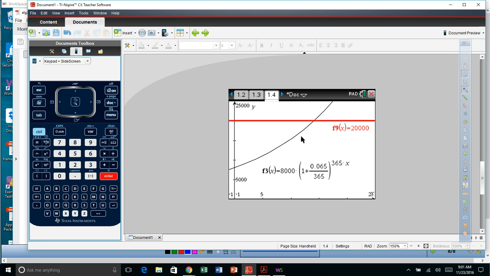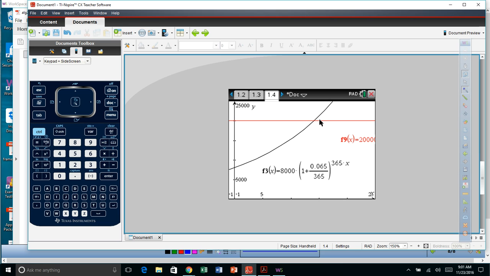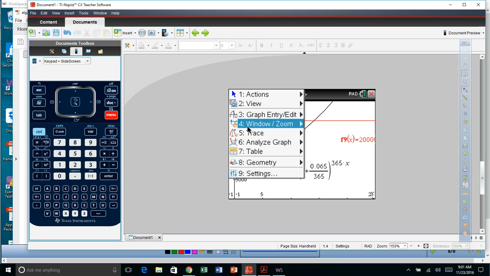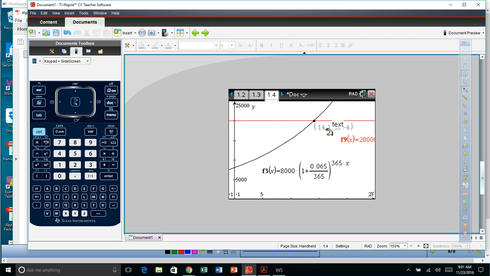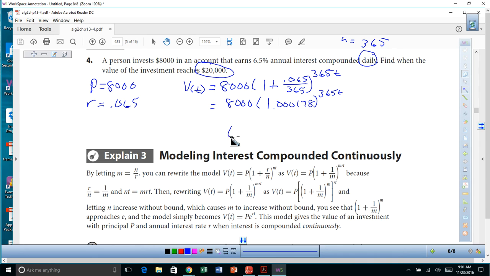Enter. There it is. Good. So let's find that spot. Menu 6, 4. So it's going to take 14.1 years. So T is approximately 14.1 years.